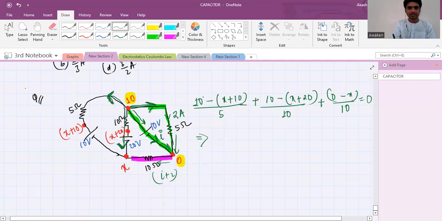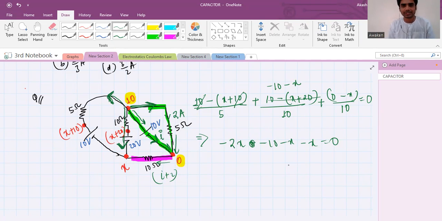So before solving, see, 10 gets cancelled anyway. This is going to be multiplied by 2, so minus 2x plus how much? Minus 10 minus x. So this is minus 10 minus x, and this is minus x. Got the calculations? Check once. Understood or not?